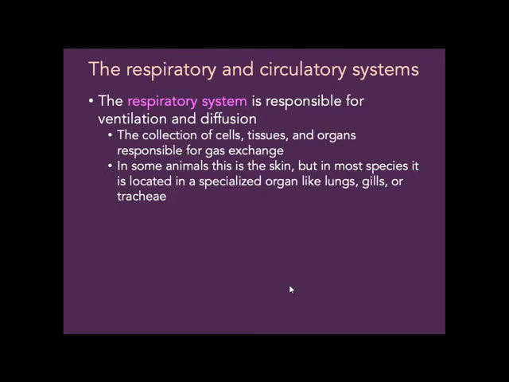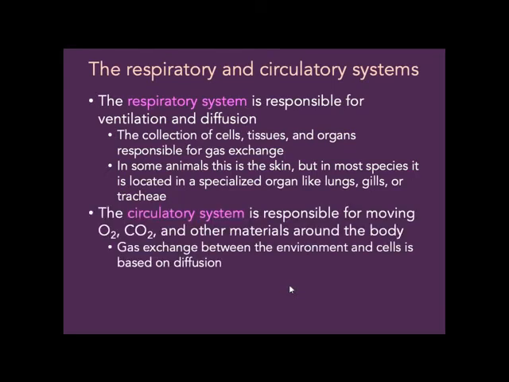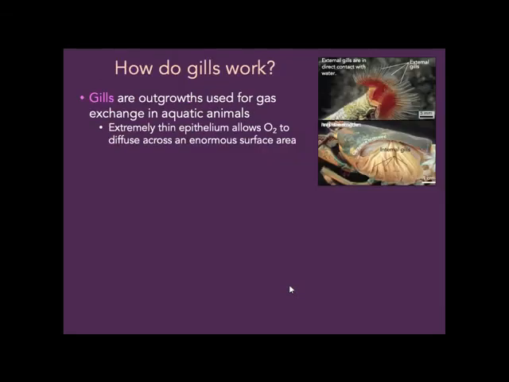But in most species, there's a specialized organ like a lung or a gill or trachea in an insect that is responsible for gas exchange. Okay, the circulatory system is the system of tubes that moves the oxygen and carbon dioxide and other materials around the body. So the gas exchange, getting material into the circulatory system and then getting it back out of the circulatory system, happens based on diffusion.